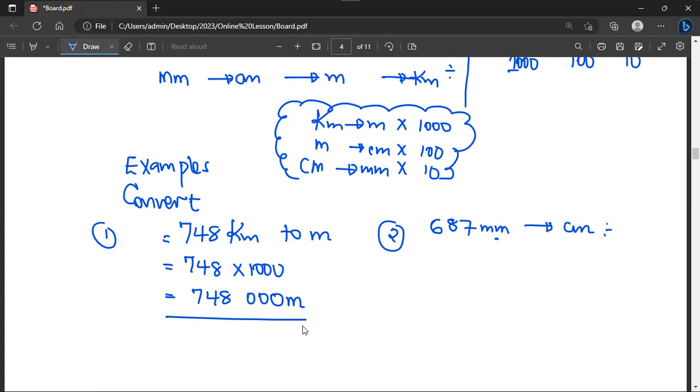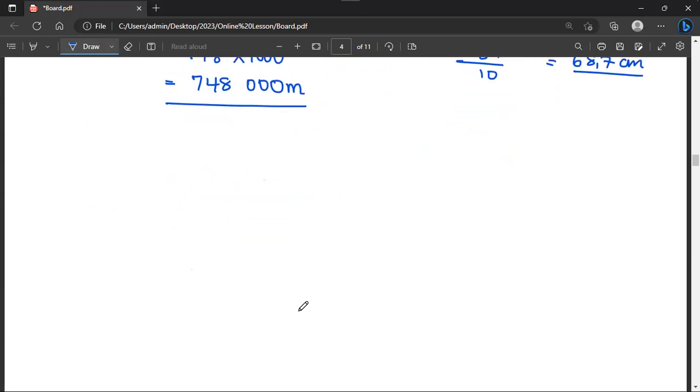Here you're going to divide by 10. So it becomes 687 millimeters divided by 10. The answer becomes 68.7 centimeters. One more example.